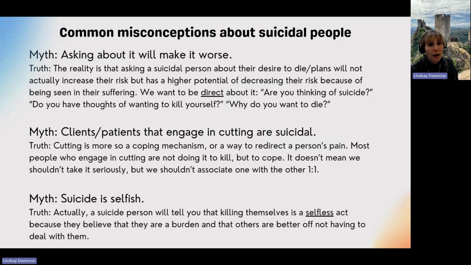We don't fall into that trap of it being stigmatizing. There's so many things that just being direct about this actually does as far as treatment is concerned.